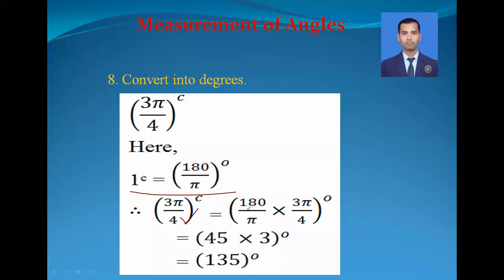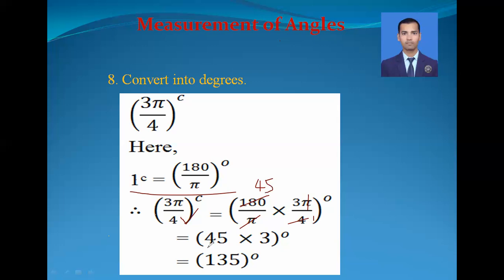So after cancelling pi, and 4 1s are 4, and 4 45s are 180.